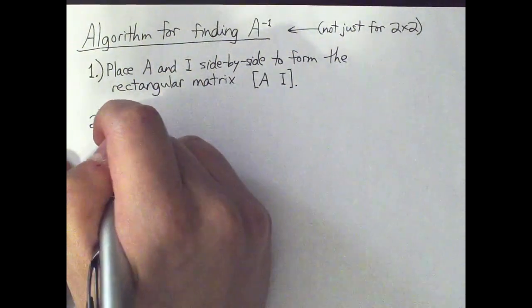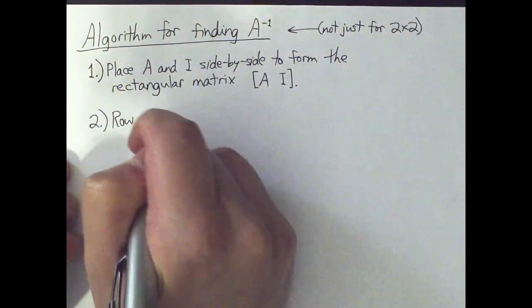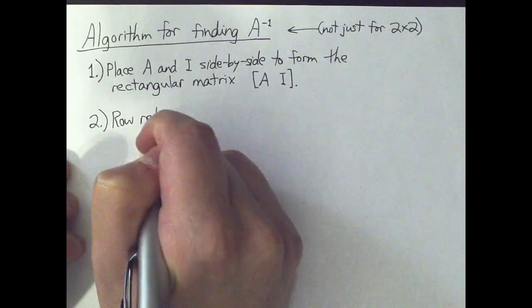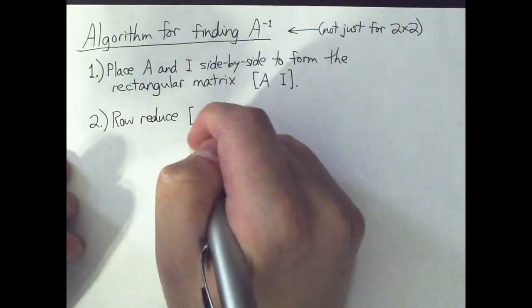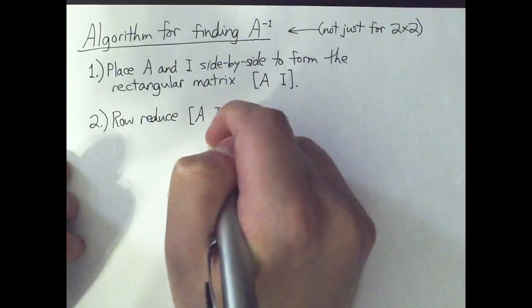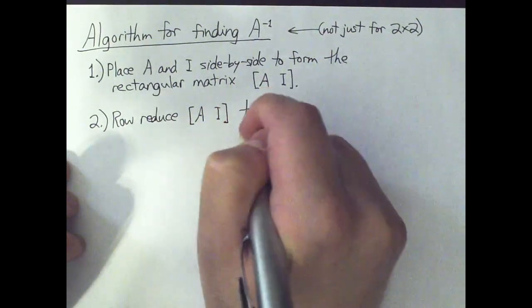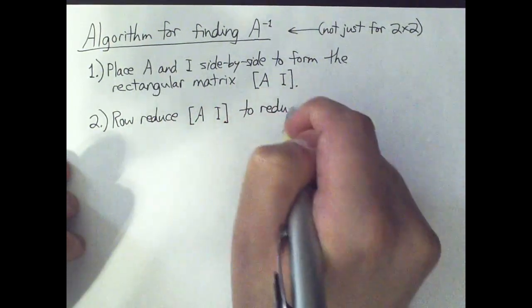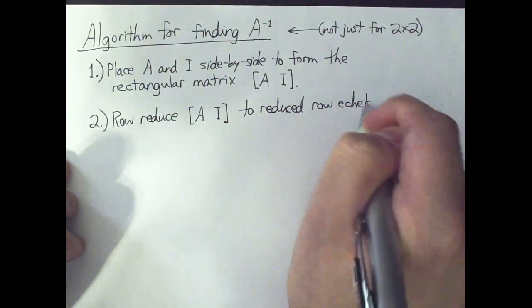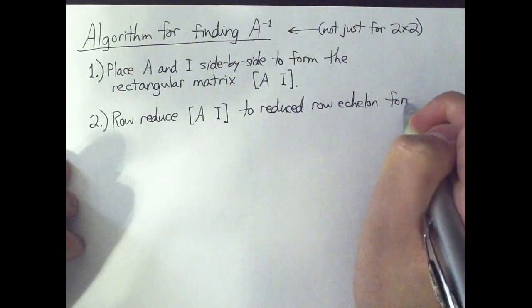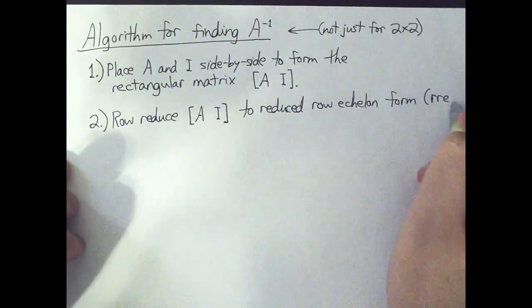All right, next, we row reduce. Wow, I don't know if anyone expected row reduction to come up in this discussion, but yeah, row reduce this rectangular matrix to reduced row echelon form, RREF.